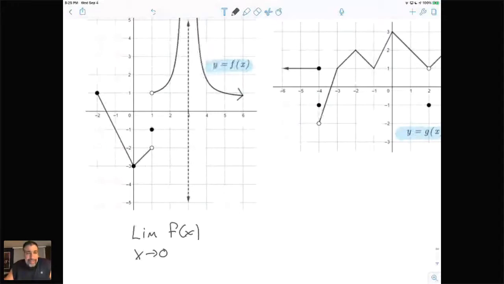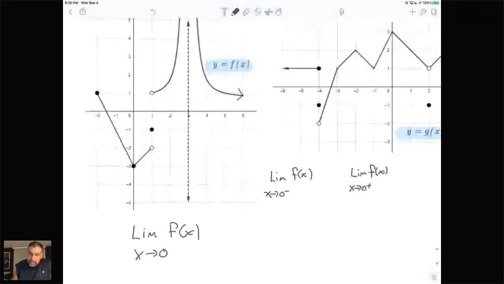I can't stress to you guys enough, it's about coming from the left and coming from the right and making sure that they agree. I just told my students today, I don't ever want you to answer the overall limit until I see you show me what's happening on the one-sided limits. So every single time, you want to say, okay, let's look at the left side, let's look at the right side, let's see what's happening.